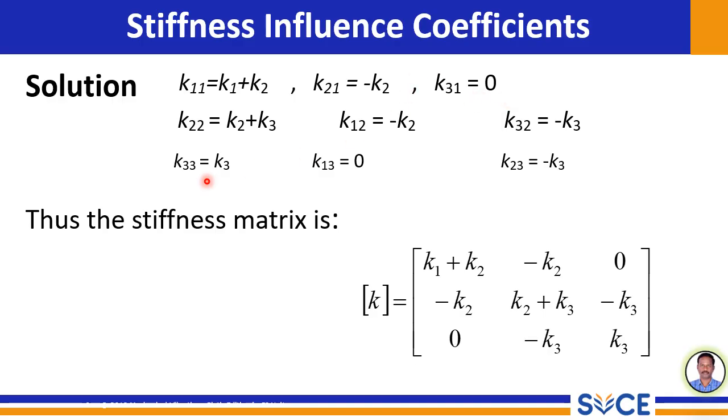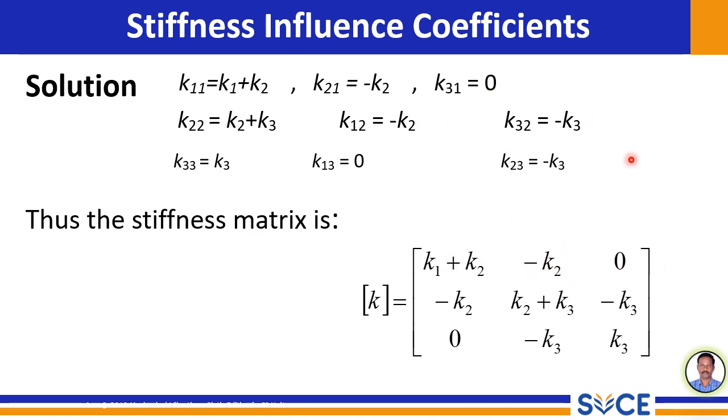Similarly, we got the other stiffness coefficients, and finally, writing all these in terms of the stiffness matrix, arranging them as its elements, we got the stiffness matrix with the first row: K1 plus K2, which is K11. The first row, second column value is minus K2.